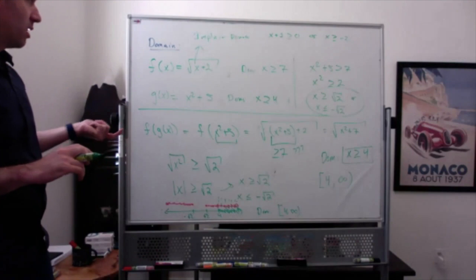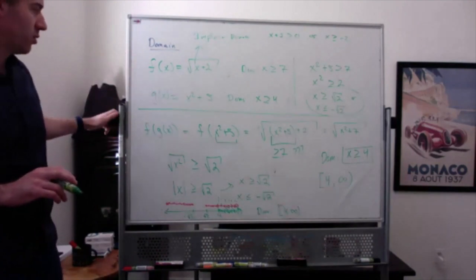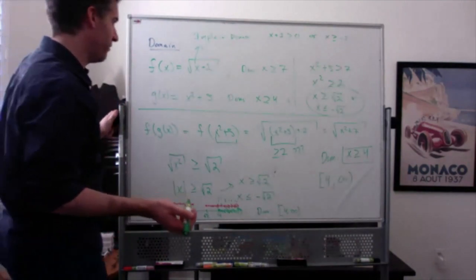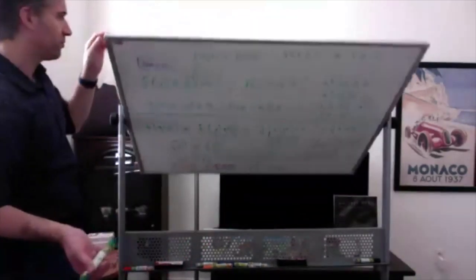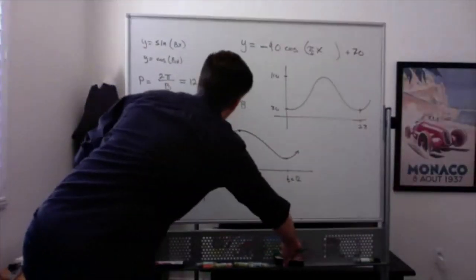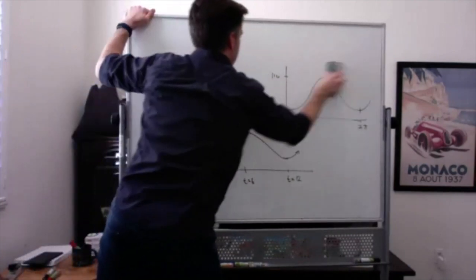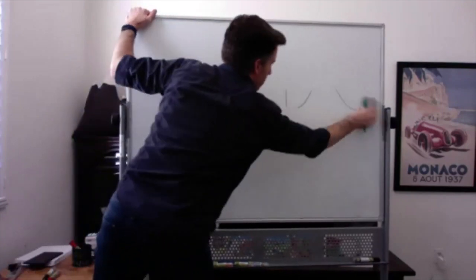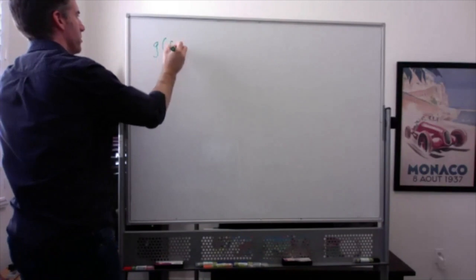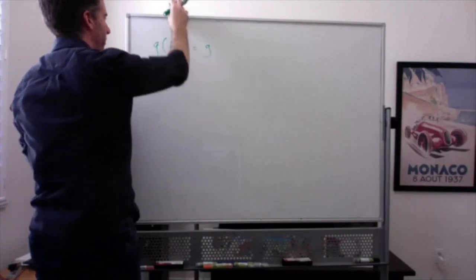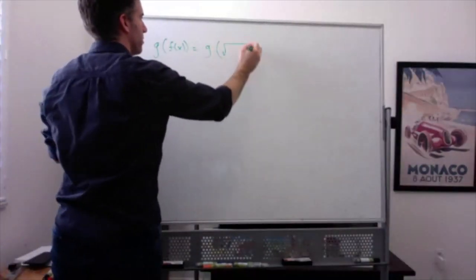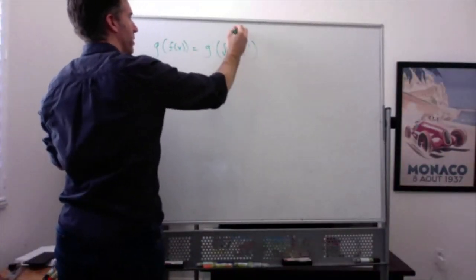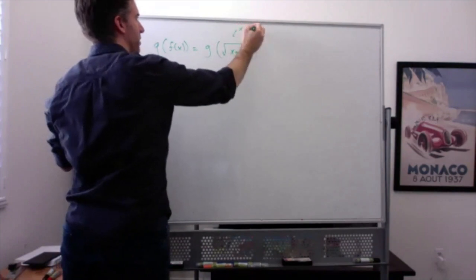So let's talk about the other direction. Let's do the other composition. Let's do g of f of x and see what happens. G of f of x is g of square root of x plus 2, remembering here that x has to be bigger than or equal to 7.